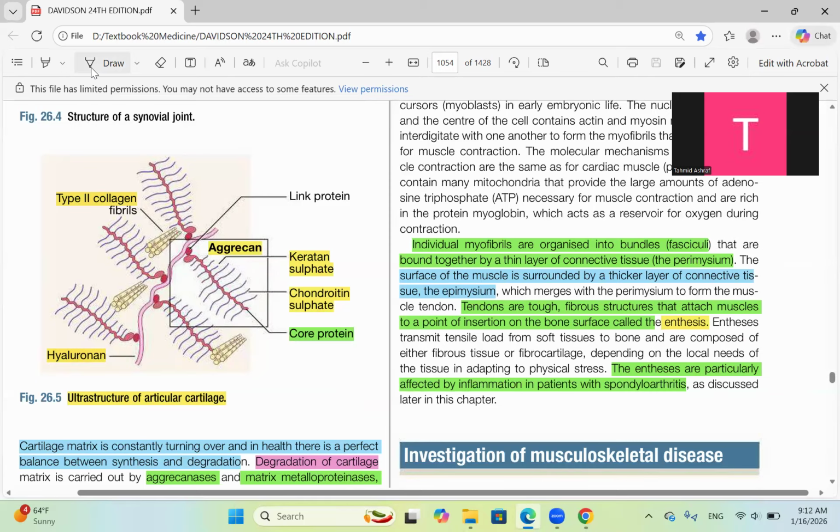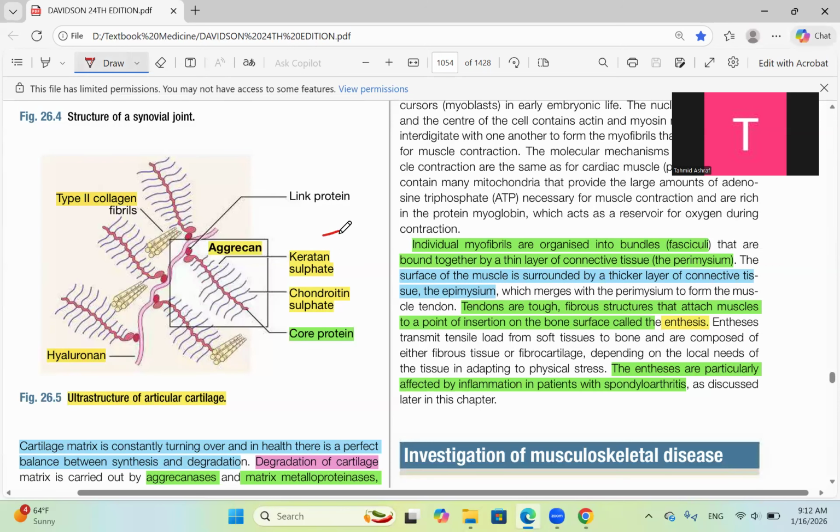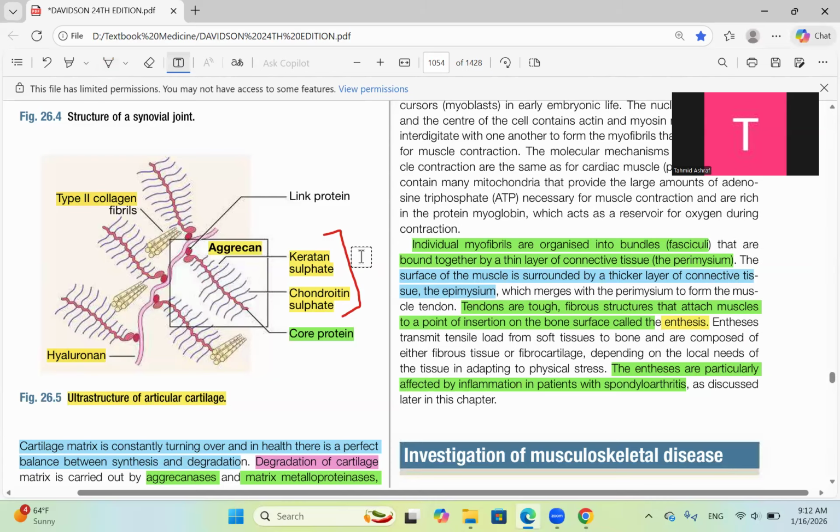Let me label it here: keratan sulfate, the shorter one, and chondroitin sulfate, the longer one. These are both examples of glycosaminoglycans, GAG.